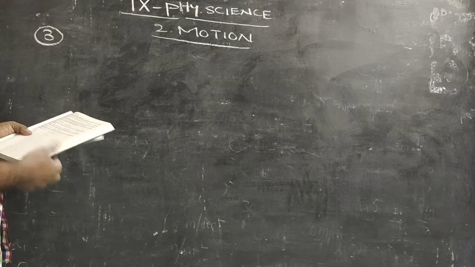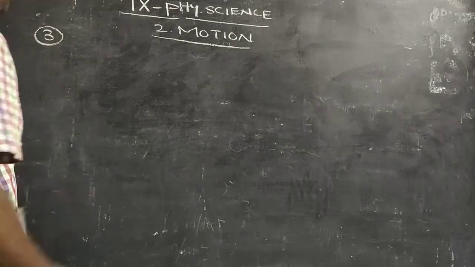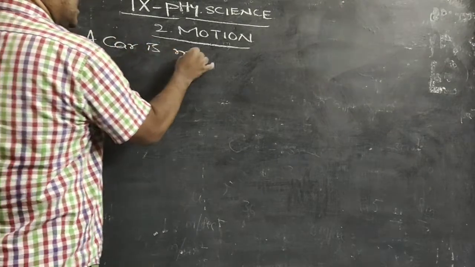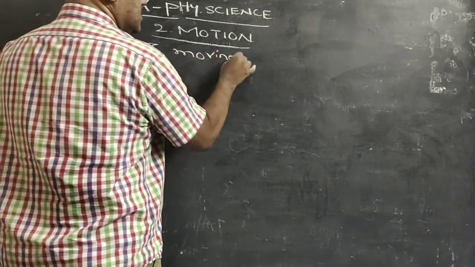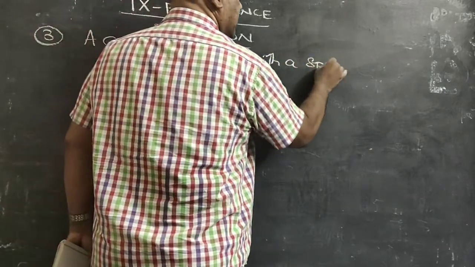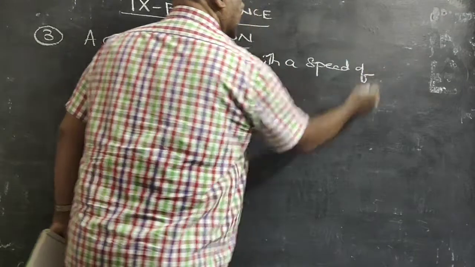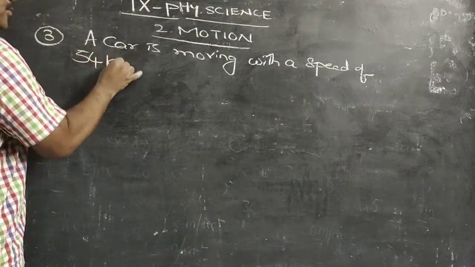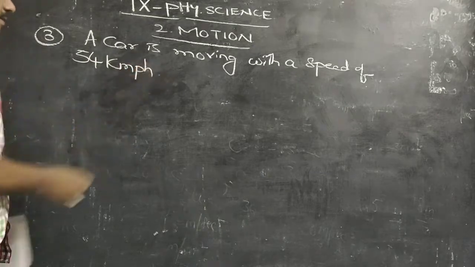A car is moving with a speed of 54 kilometers per hour.